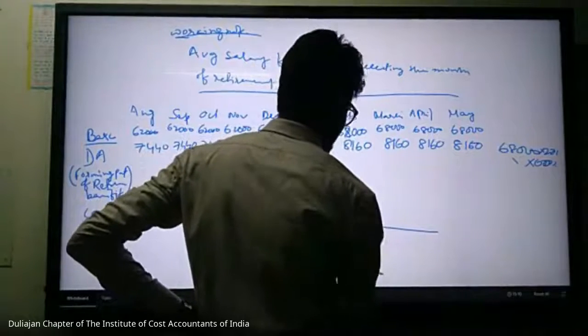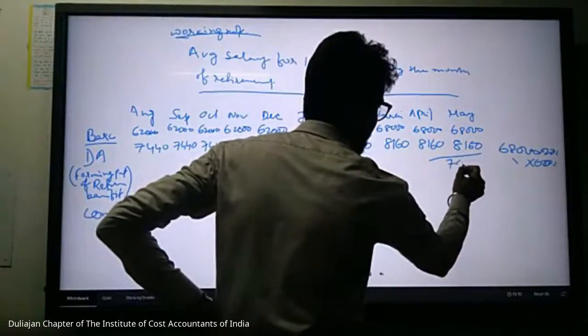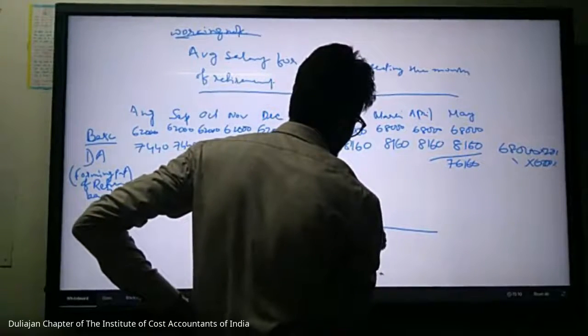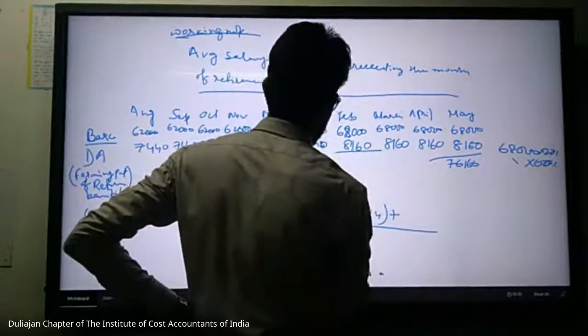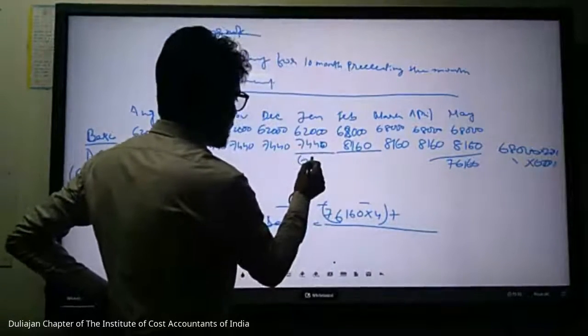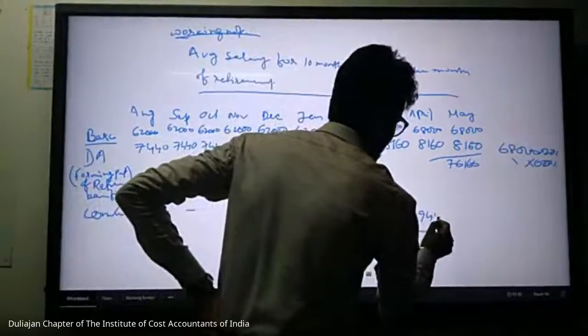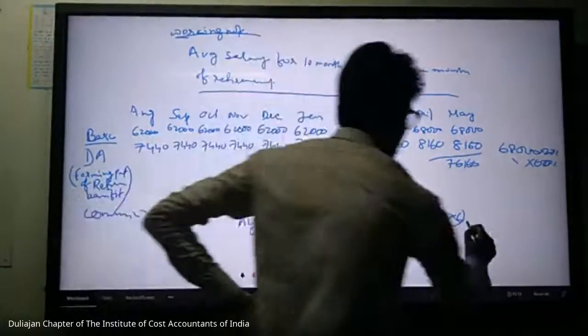Just total it down. 76,160 for 4 months plus this is how much? 69,440 for 6 months. Divide by 10. This is my average salary.